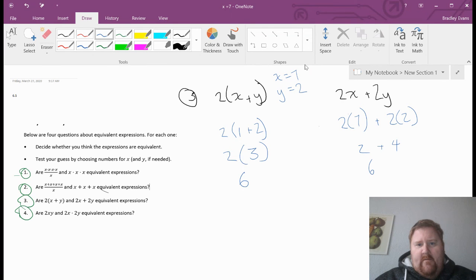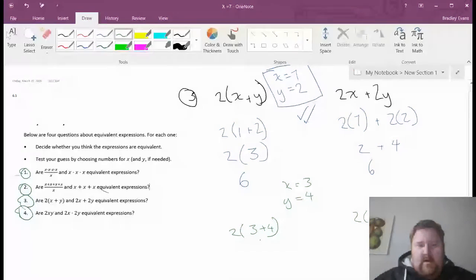So for these values, our expressions are not equivalent. However, we don't want to stop there. We want to make sure that it works for other values too. Let's try when x equals 3 and y equals 4. 2 times 3 plus 4, and here, 2 times 3 plus 2 times 4. 3 plus 4 is 7.